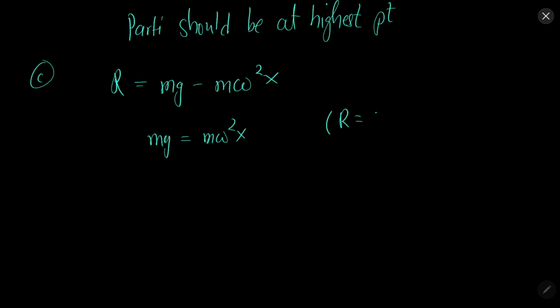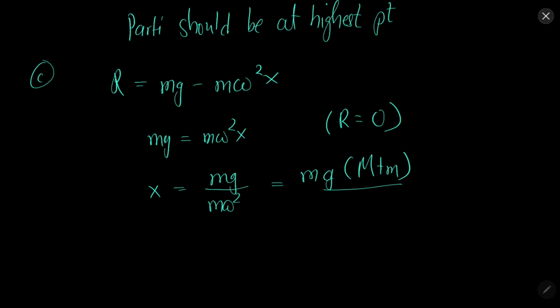If we consider R to be around 0, x will be mg over m omega square. So it will give us mg into M plus m over k. Now after this, the maximum amplitude will be g into M plus m over k.